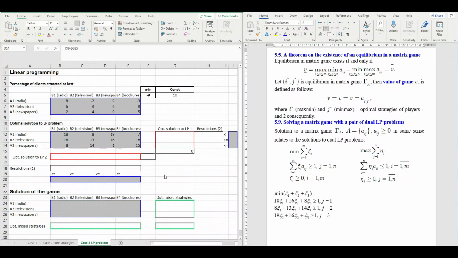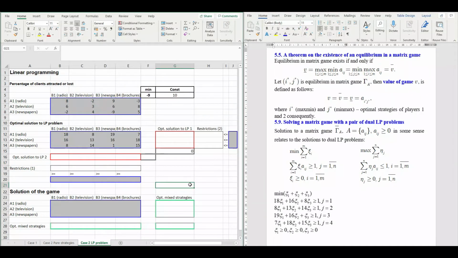And let's consider the last pure strategy of the second player and the last column in the table. So the fourth restriction will be 7 times xi1 plus 18 times xi2 plus 15 times xi3, and it should be not less than unit. Let us add this restriction into the mathematical model. And all our variables xi1, xi2 and xi3 should be non-negative. Let's add this restriction also.